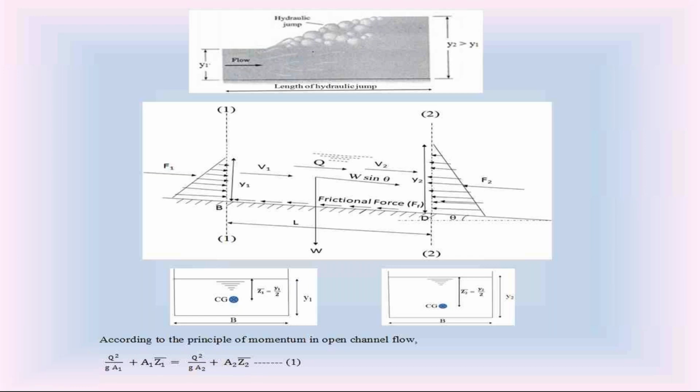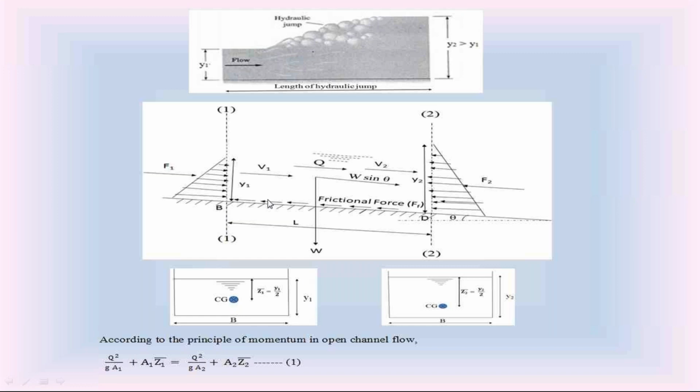We discussed this in today's class also. At section 1, the specific force is Q square by GA1 plus A1 Z1 bar. At section 2, the specific force is Q square by GA2 plus A2 Z2 bar. What you have to check in the diagram is that at section 1, A1 is equal to B into y1.